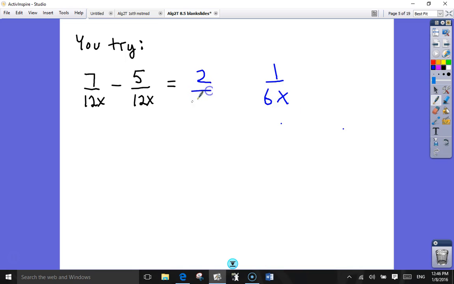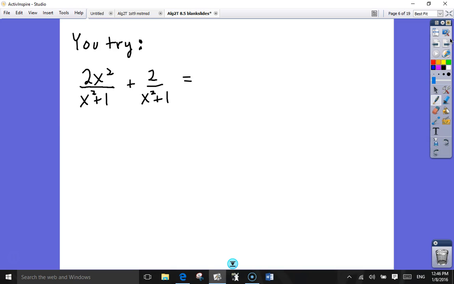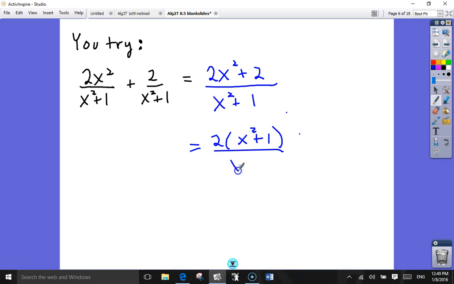Because it was 2 over 12x. Do that one. Numerators. Get it?